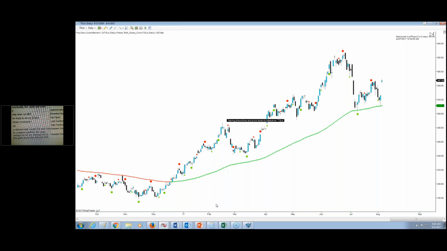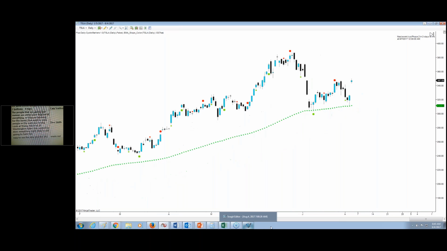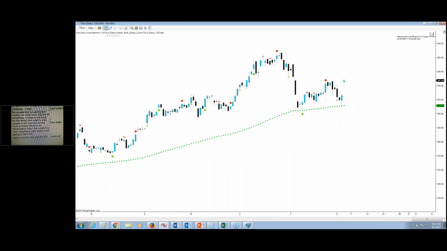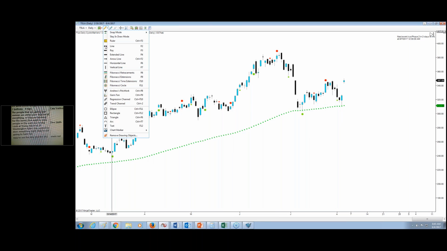Based on everything we've done. As of right now, Tesla has a pattern 5 higher high green dot because Monday is a phase 2.